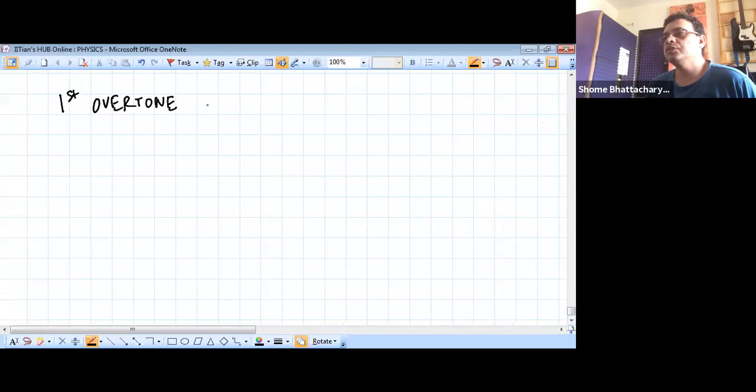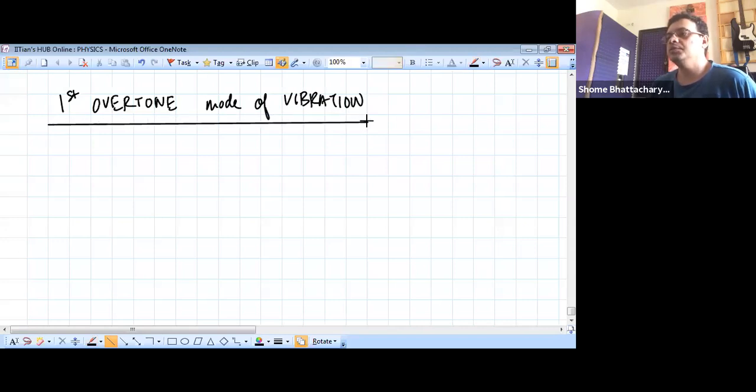So the first overtone mode of vibration will be that mode where there is the next lowest number of nodes and antinodes possible. The fundamental mode was the one with the absolute lowest. When the next lowest number of nodes and antinodes occurs, we call it the first overtone of vibration.